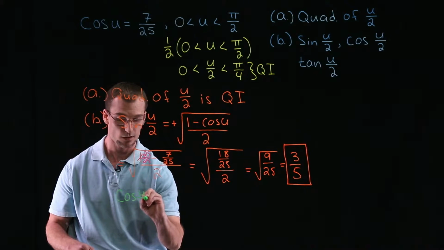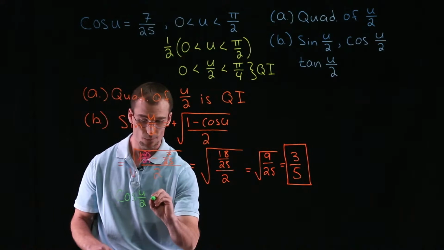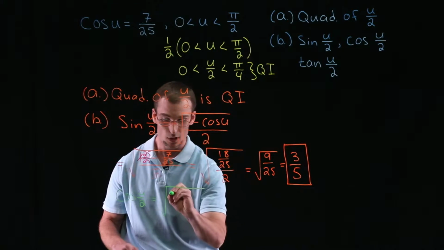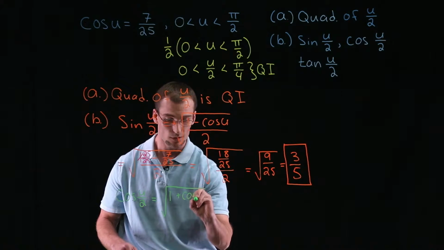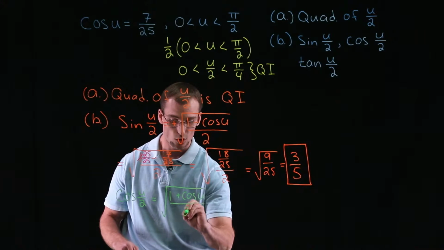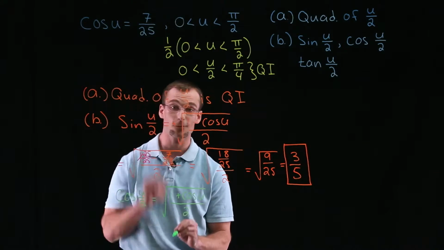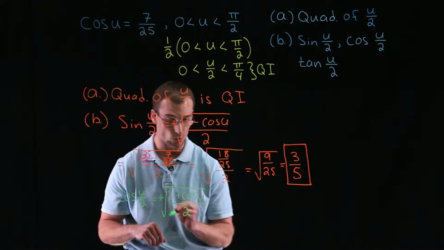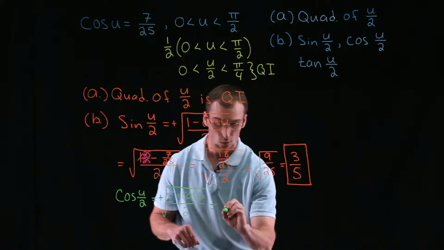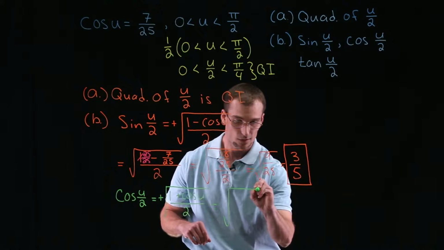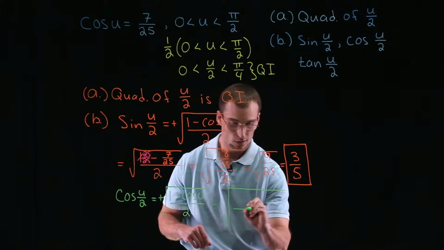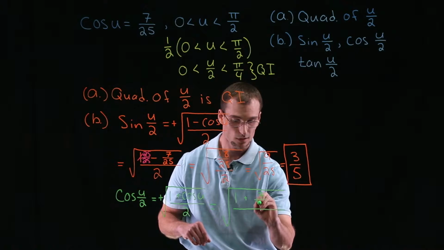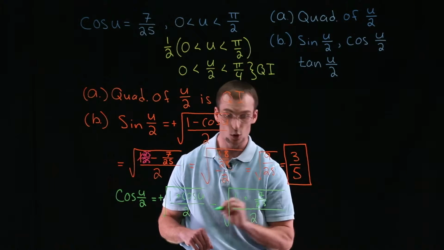Cosine of u over 2, again, is plus or minus the square root of (1 plus cosine u) over 2. Again, our angle is in the first quadrant, so we take the positive square root because cosine is positive in the first quadrant. Filling in, we have the square root of (1 plus 7/25) over 2.